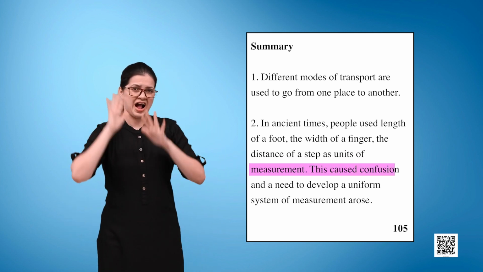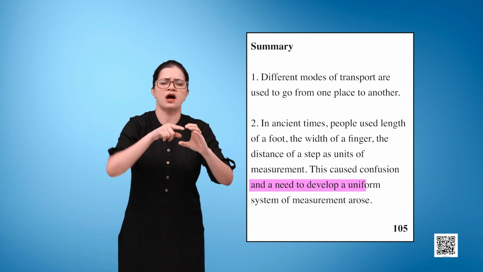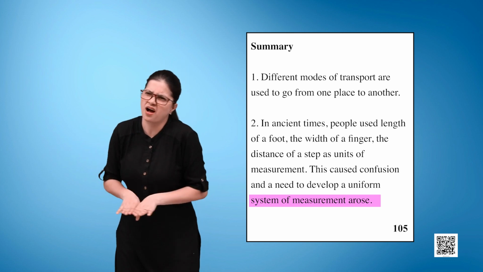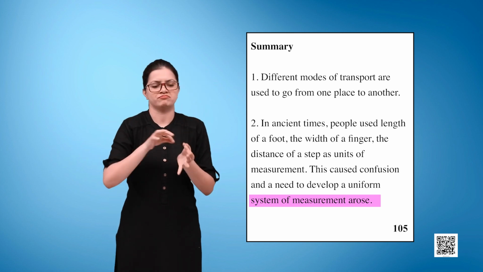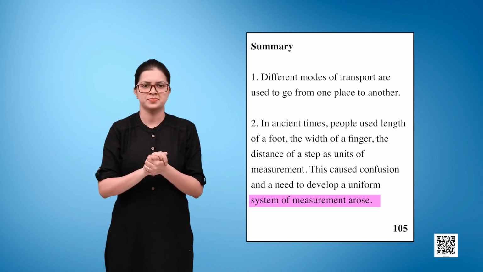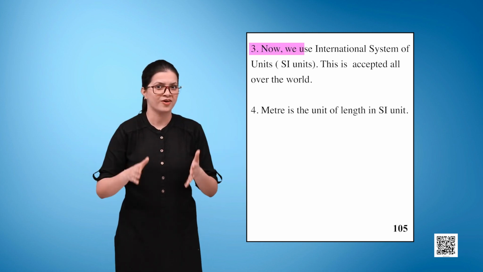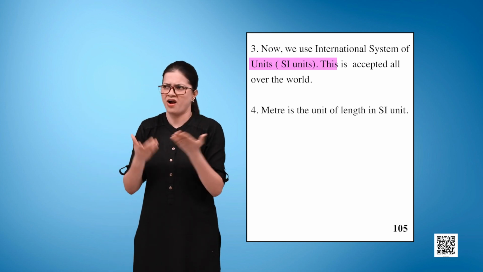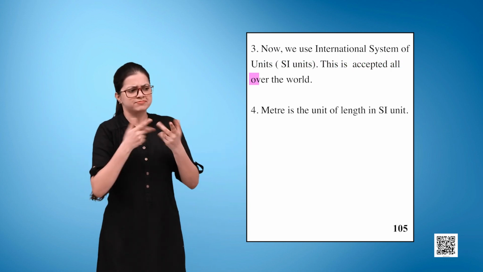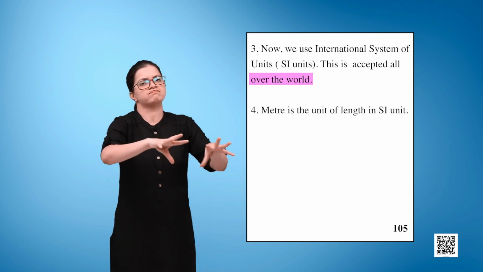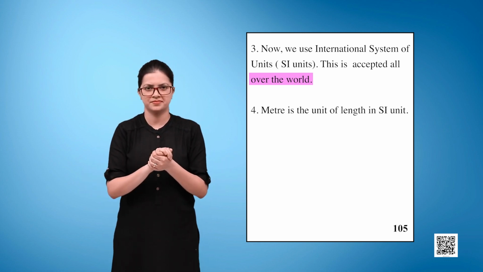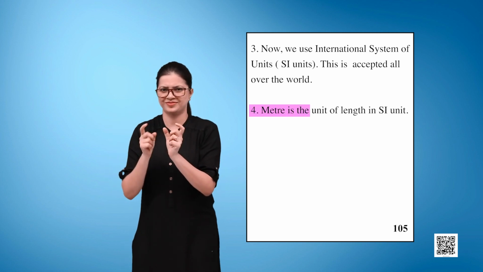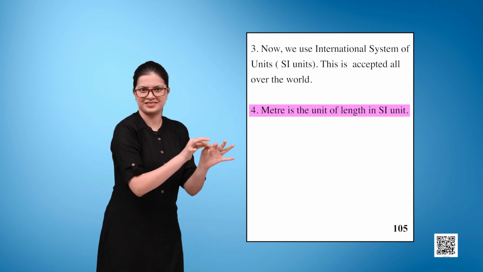This caused confusion and a need to develop a uniform system of measurement arose. Now we use International System of Units, that is SI units. This is accepted all over the world. Meter is the unit of length in SI unit.